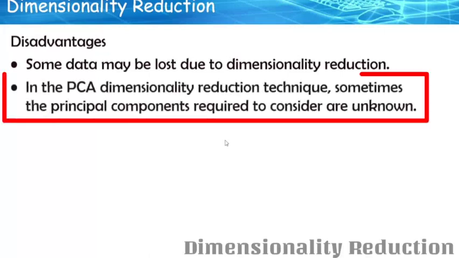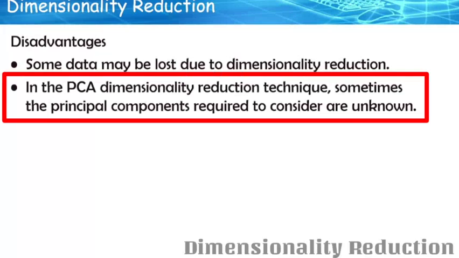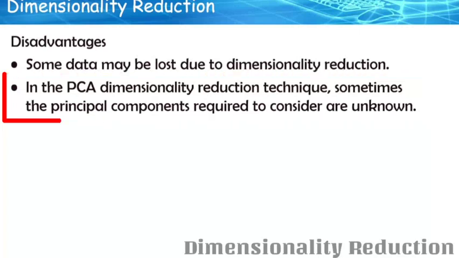Again, in PCA, the principal component analysis dimensionality reduction technique, some of the principal components are required to be considered as unknown. Since they are considered unknown, we will have a lower accuracy. So these are the only two disadvantages when it comes to dimensional reduction.